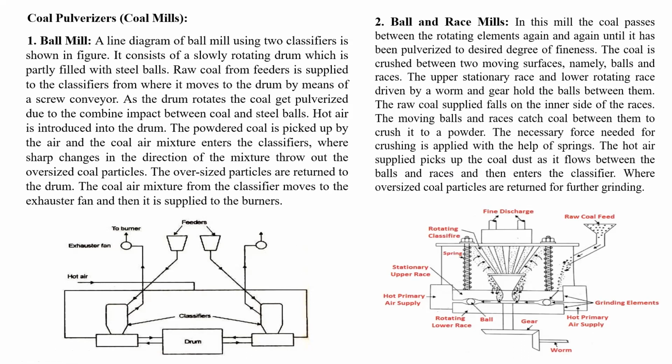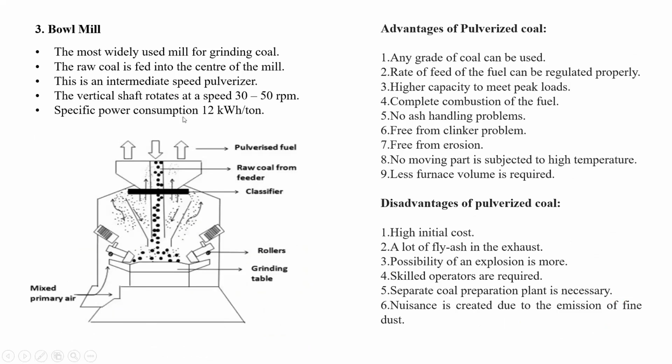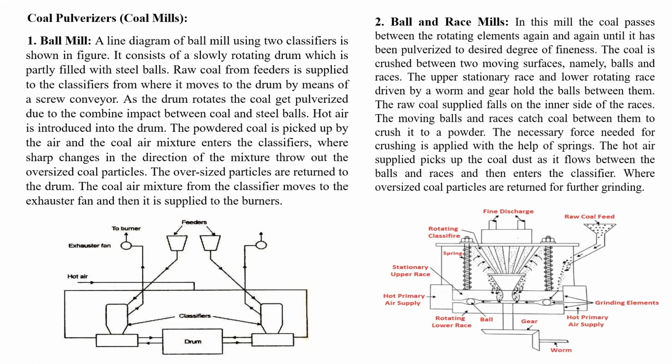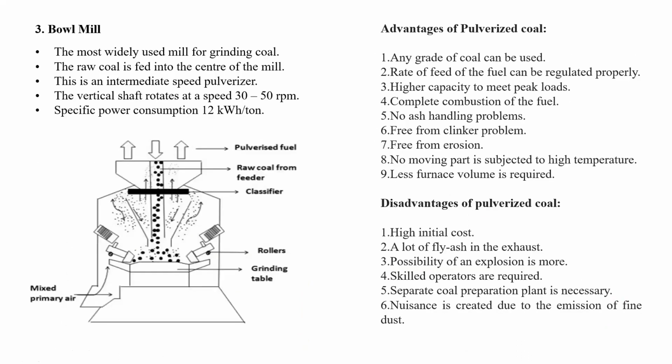This is about ball and race mills. Then the last one, which is widely used: we have ball mills in 250 megawatt units, where I was not working, but we have seen them.